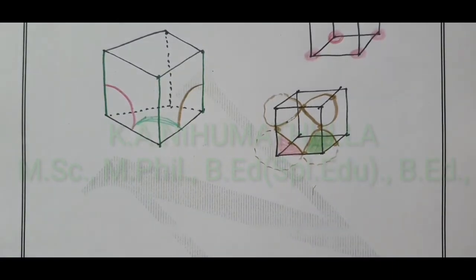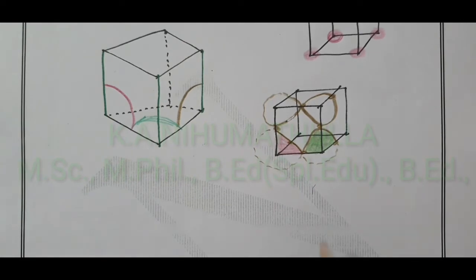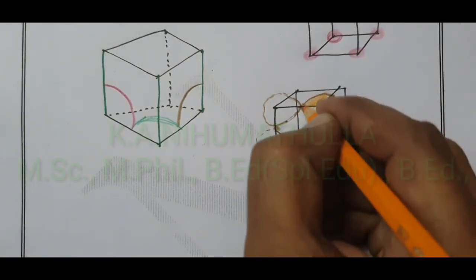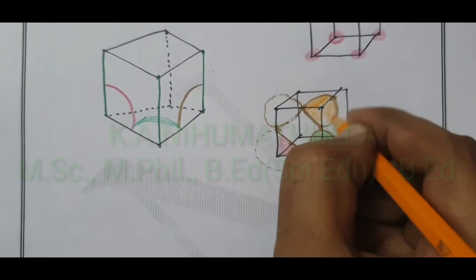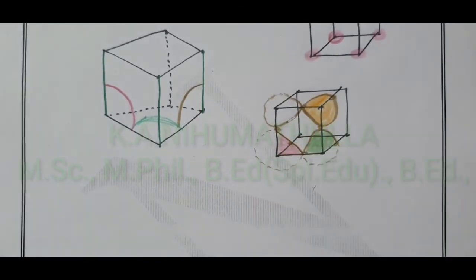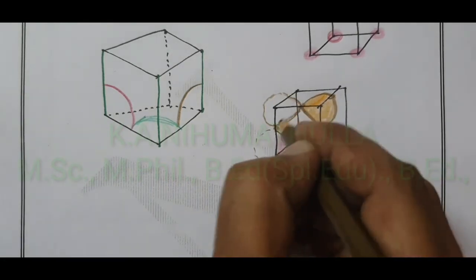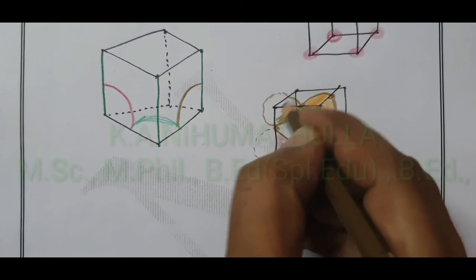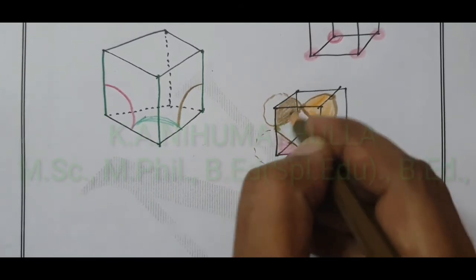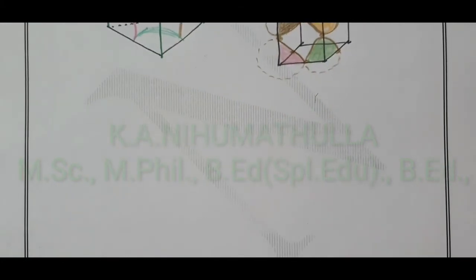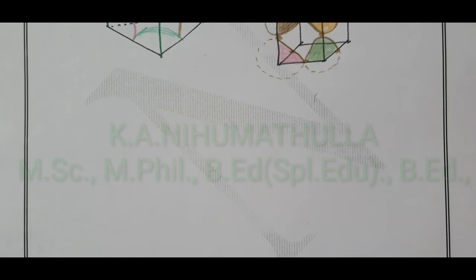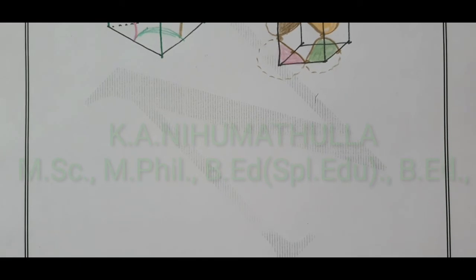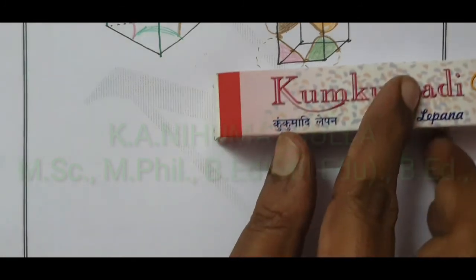Now I draw how many spheres? Only 4 corners, and the other corners you imagine, this third one and the last one. Totally how many corners are in the unit cell? There are 8 corners. Now we are going to see how a corner atom is shared by the nearby unit cells. Say for example, this is one unit cell.